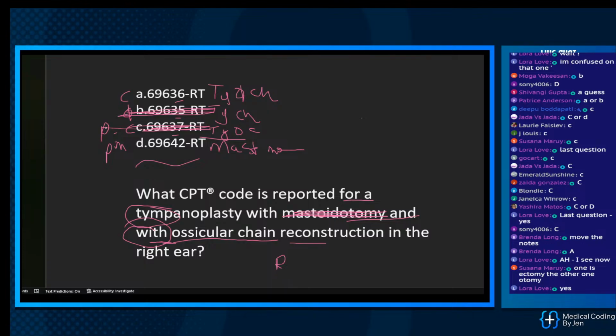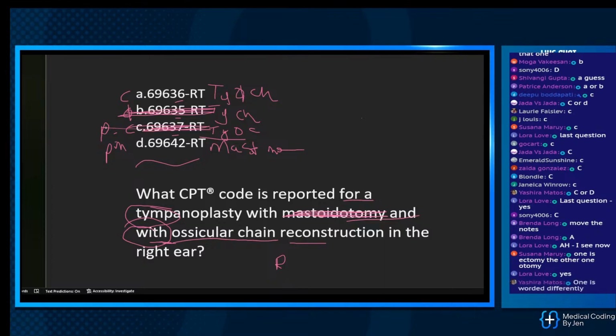And then the 42 is removed because there's no tympanic middle ear repair along with it. They didn't do the middle ear repair. This one does not include a middle ear repair.